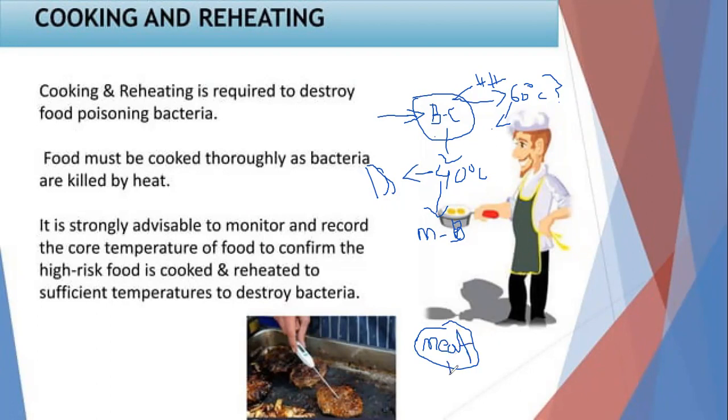Meat and fish, let us include both. Now, these two require, if you are going for refrigeration, a temperature below 0 Celsius. Why? Because when it goes beyond this, let's just say it moved up to 20.